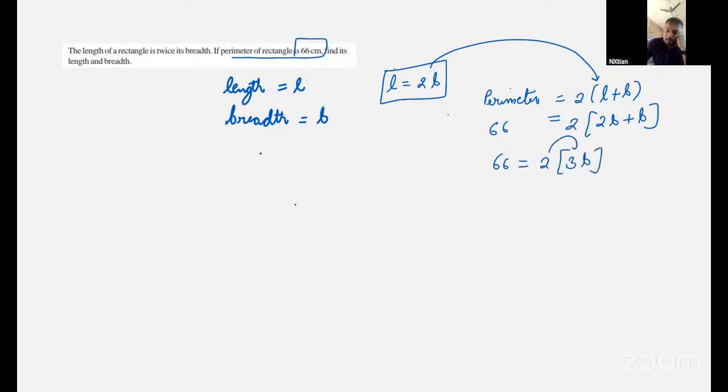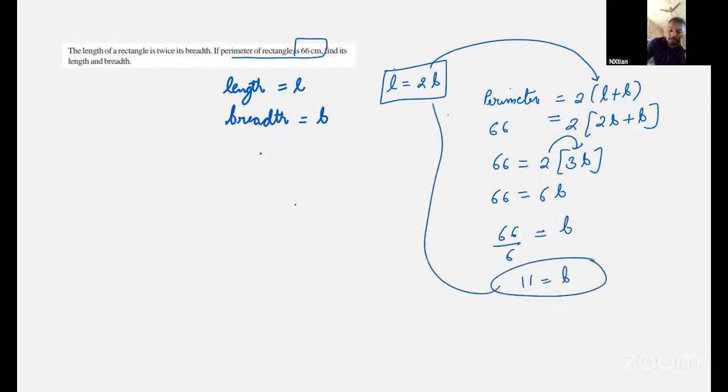Then 6b equals 66, and we divide by 6. We get b as 11, so the breadth is 11 centimeters. Now if I put it here, length is 2 into 11, so the length will be 22 centimeters.